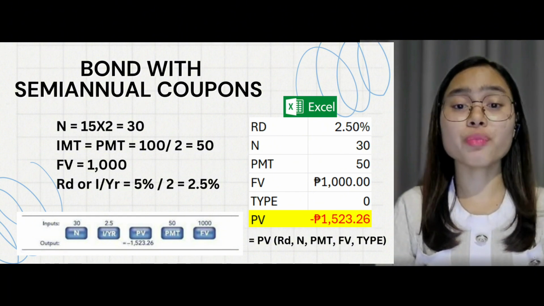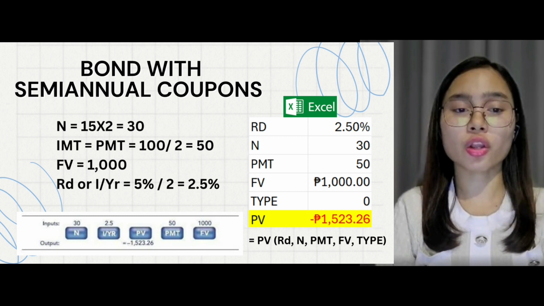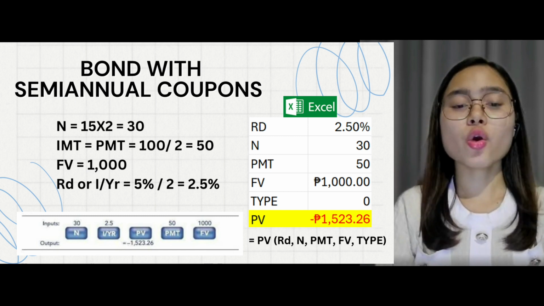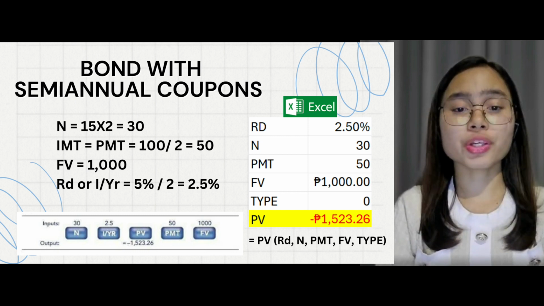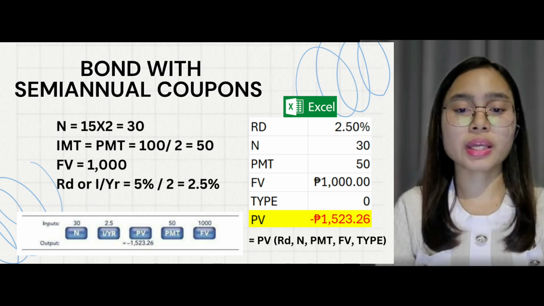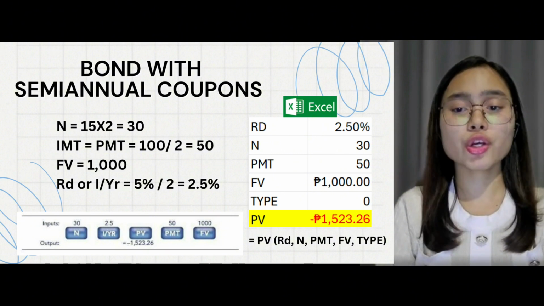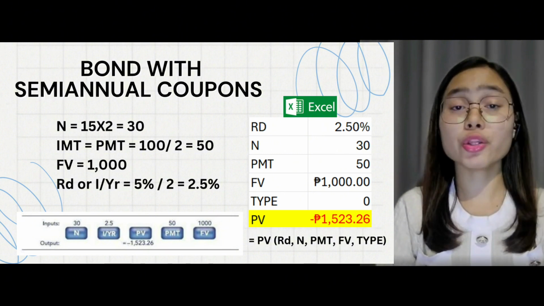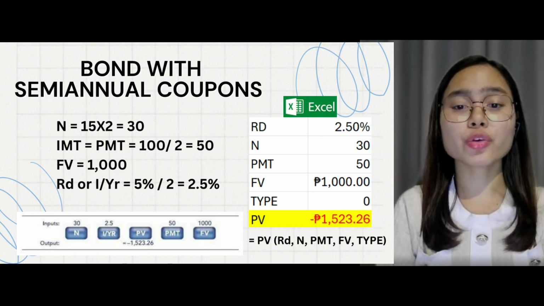For FV, you will just input the given data, which is $100, which you just copy. And for the rd or interest per year, we have 5%. And since it is a nominal rate, we need to divide it also by 2 to get the semi-annual rate, which is 2.5%.